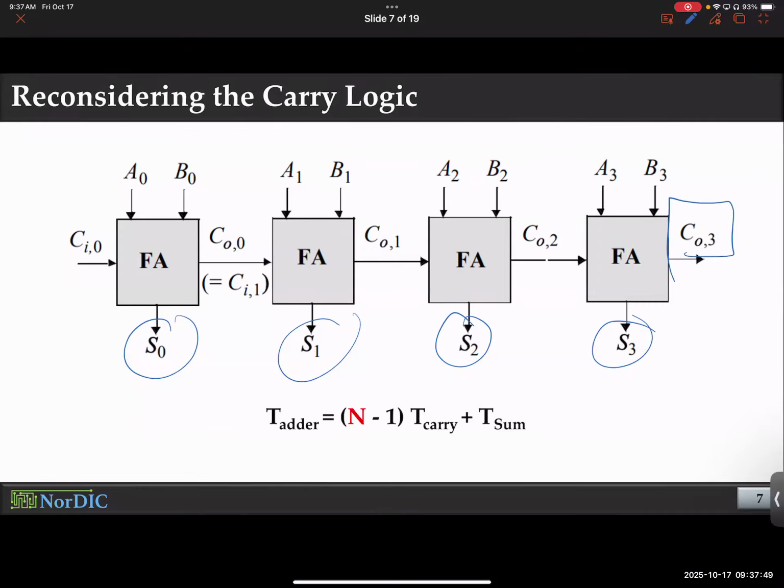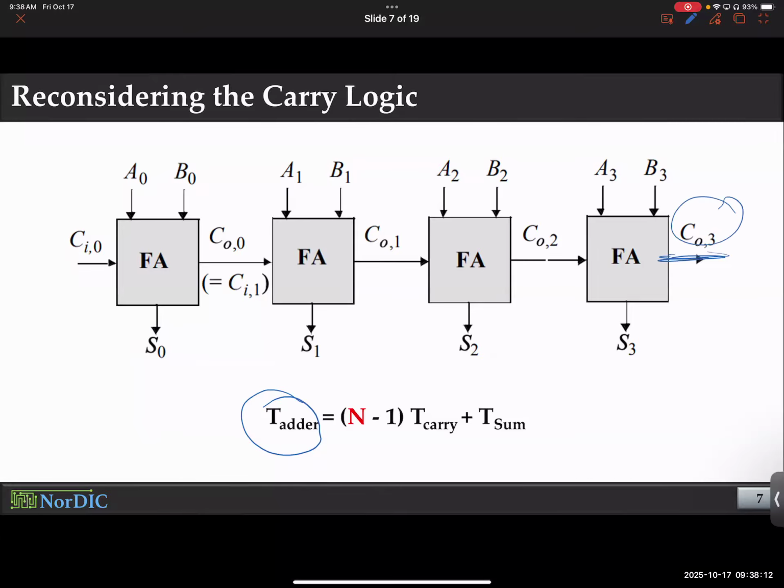Even though you have the first sum and first carry, it doesn't make any difference because you're still waiting. You cannot just consider it done. So you have to look at the last stage, not any intermediate stage. So we define the adder delay, T adder, based on how long it takes to eventually generate this carry, because that is the slowest signal. You all agree?